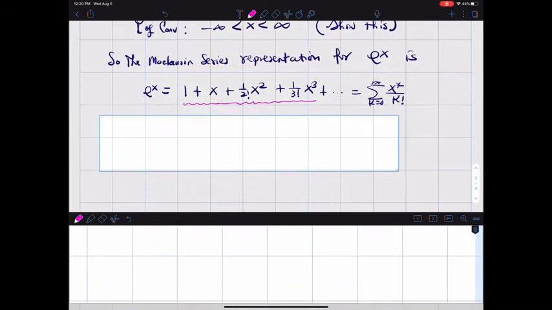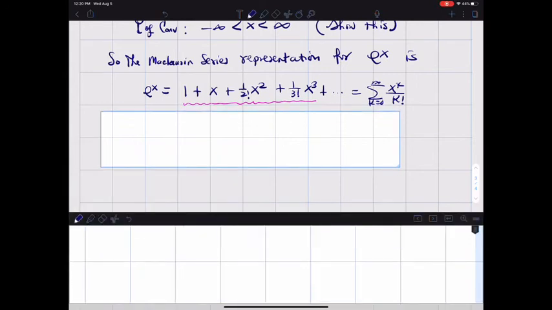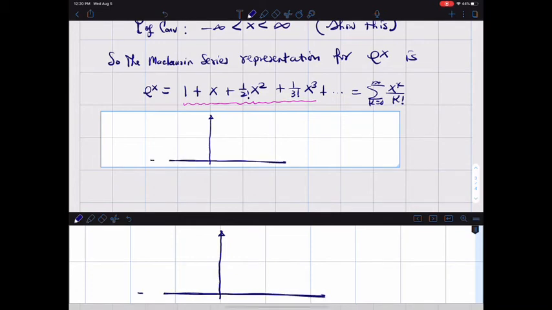Let's dig a little bit deeper. Remember that this is a Taylor series, and it's centered at 0. What this is telling us is that for e to the power of x, the Taylor series is a polynomial. What do polynomials look like? The graph looks something like this, maybe like that.